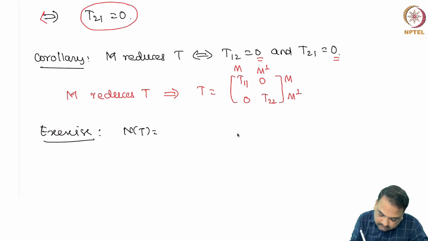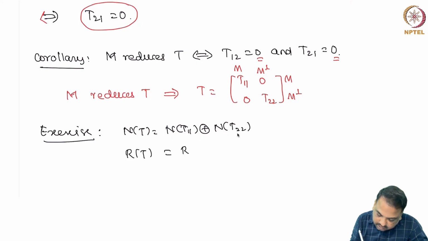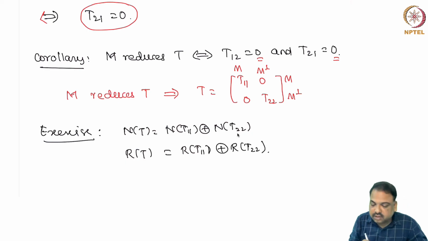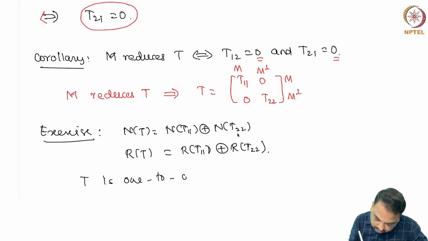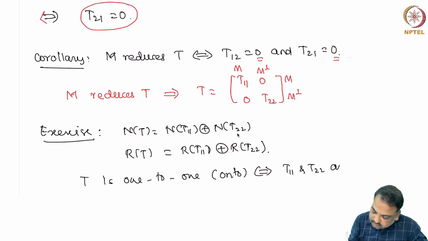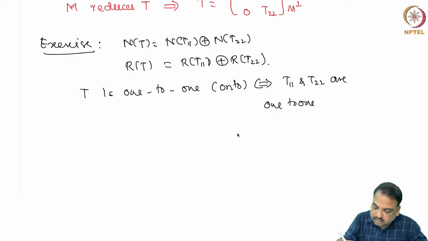Null space of T is null space of T11 direct sum null space of T22. Similarly, range of T is range of T11 direct sum range of T22, and we can show that T is 1 to 1, also onto, if and only if T11 and T22 are 1 to 1, onto.